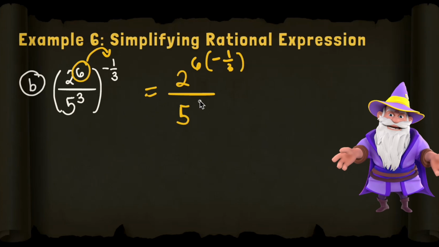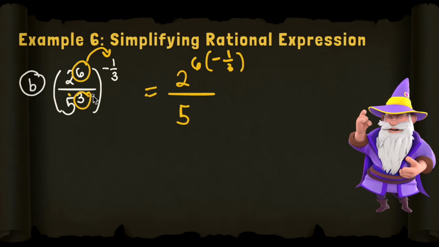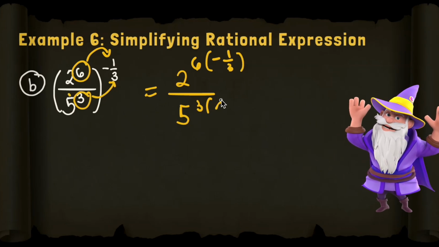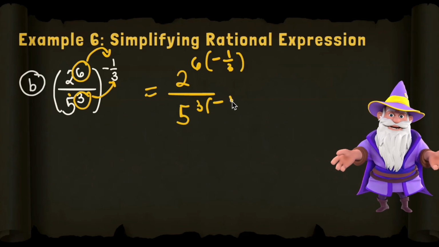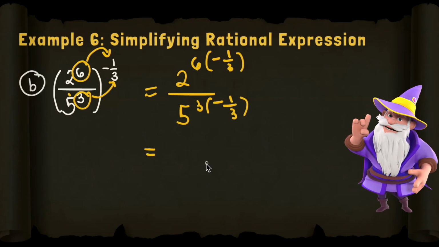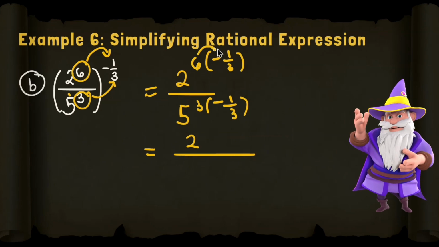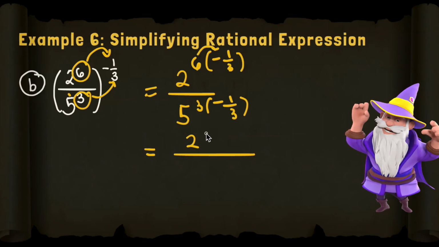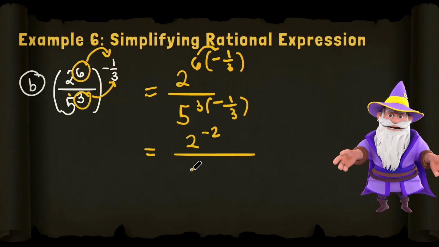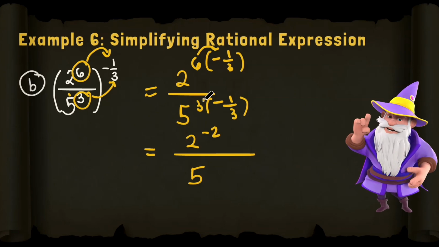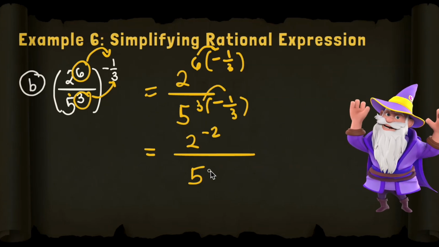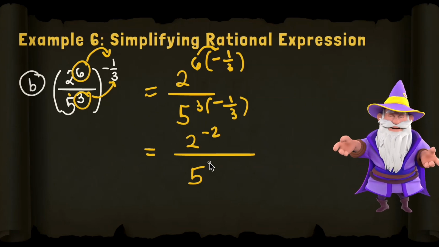Okay? 5 raised to, yung 5, kinopya ko yung base. 3 times negative 1/3. Yan, gusto ko lang sulat to para makita ninyo paano nangyayari, no? Kasi hindi magic yun. Dito, meron tayong 2 once again. 6 times negative 1/3, that is going to be negative 2. Okay? 5 raised to 3 times negative 1/3, that is going to be negative 1.